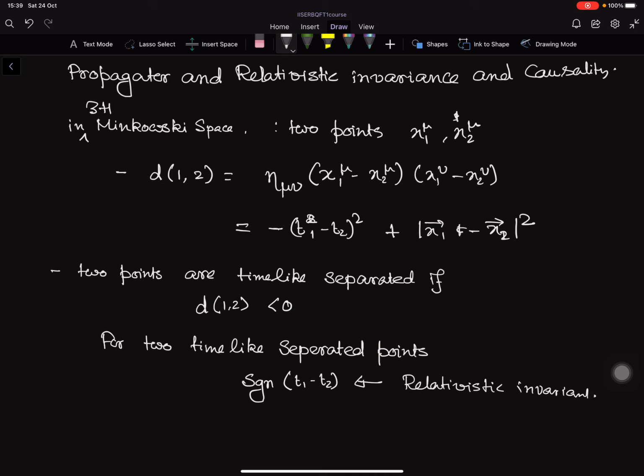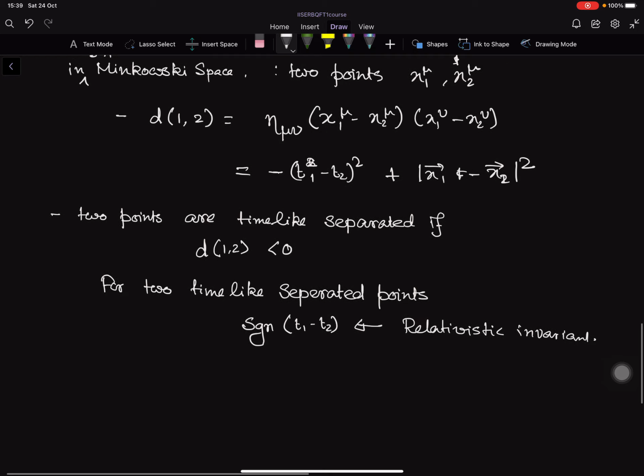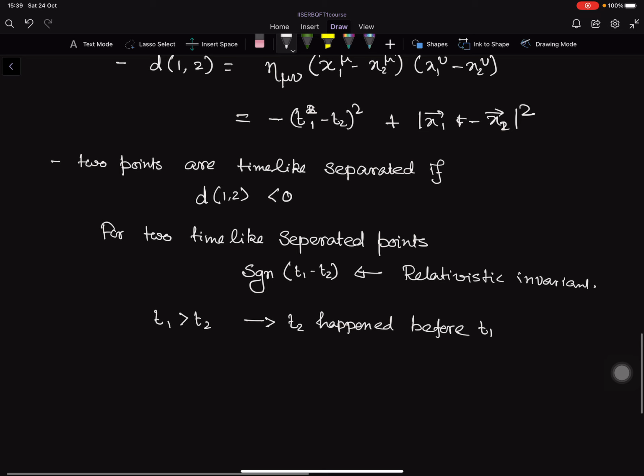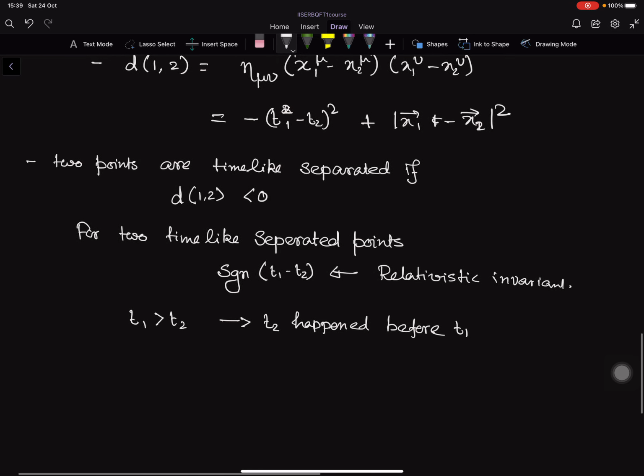What does it mean? It means that there is a meaning to the statement of which event occurred before the other one. Okay, so if, let's say, t1 is greater than t2, that means that t2 happened before t1. This is just simply saying that if the sign of t1 minus t2 is greater than 0, then that also essentially means this.